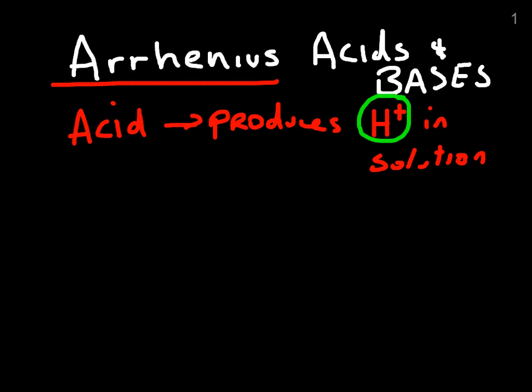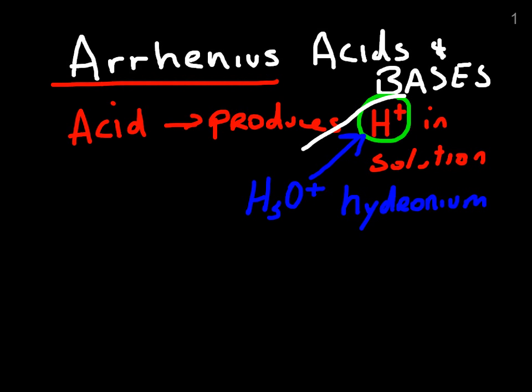That H plus ion can also be written as an H3O plus ion. And when it's written as an H3O plus ion, it's called a hydronium ion. But for you guys, these are the same. Okay? And so it's kind of confusing, but they'll be interchangeable.